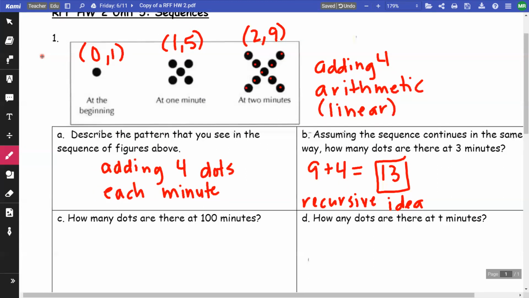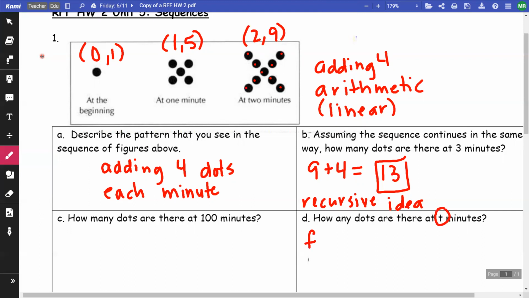So I'm going to write an equation. For this, I'm going to write it in 2 different forms, depending on how you like to write it. f of n or a sub n, okay? Or I shouldn't say of n, of t, they want t.